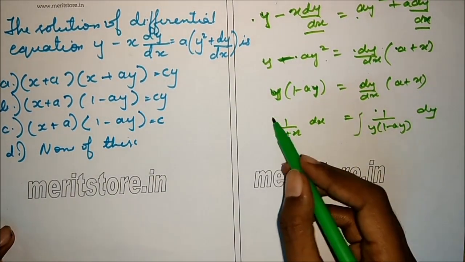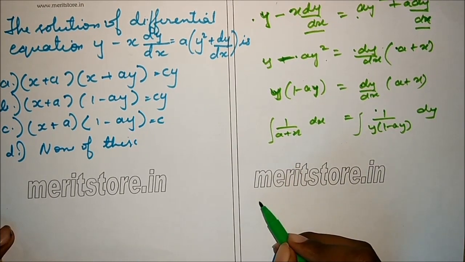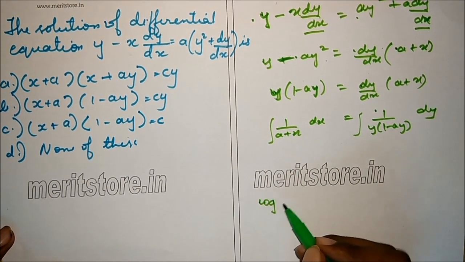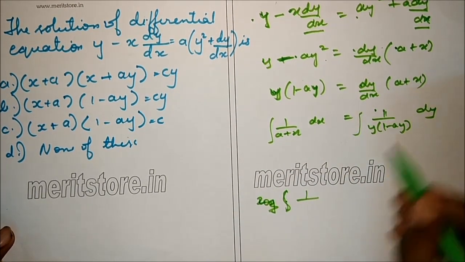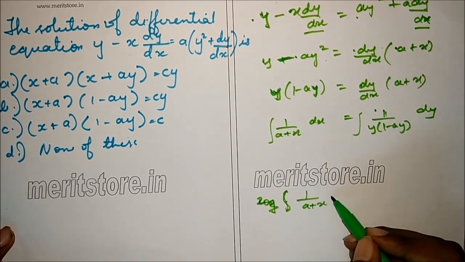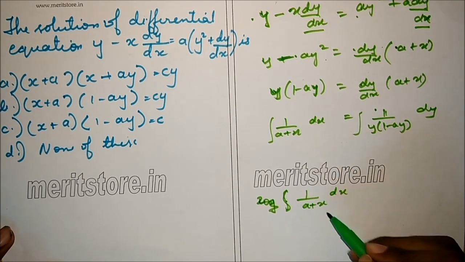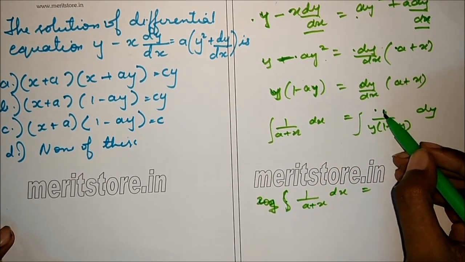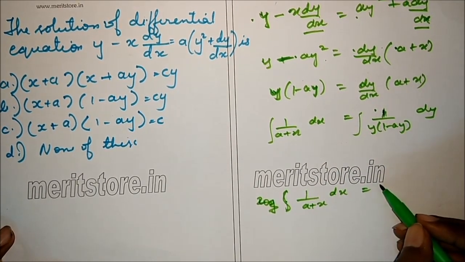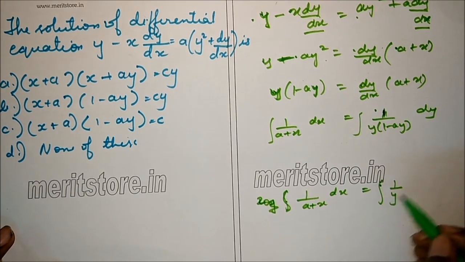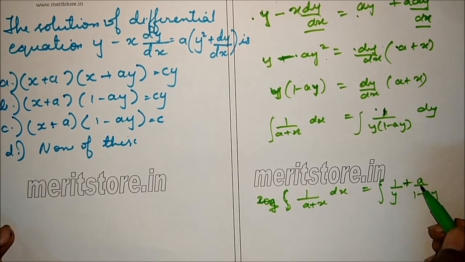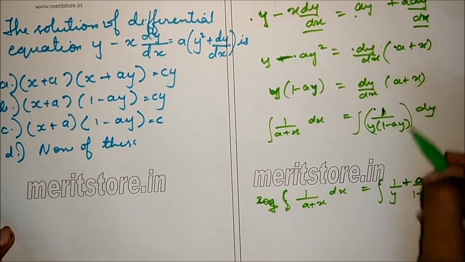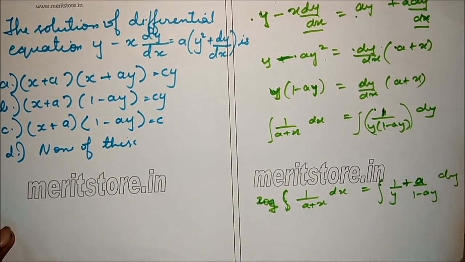So taking integrations on both sides, for LHS it will be log of, firstly we'll simplify this. This will be integration of 1 by a plus x, and using partial fractions we can write the right side as 1 by y plus a upon 1 minus ay. The sum of these two terms will give us the previous term, into dy.